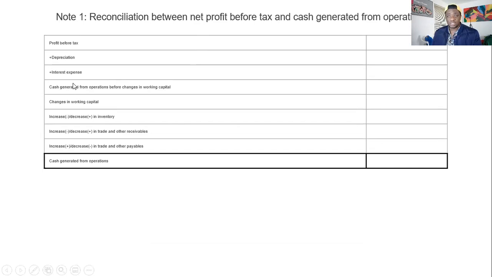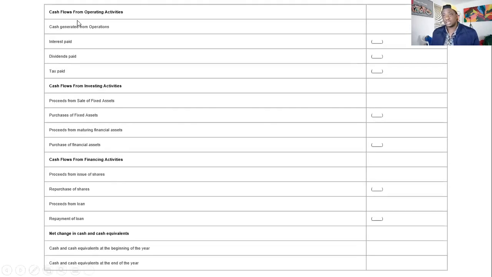What you basically do there is take the net profit before tax, because now you are trying to find how much of the profit before tax is actually in cash. So that's important. You take the profit before tax. You don't want the after-tax one because tax is already part of this calculation, so you deal with it separately.